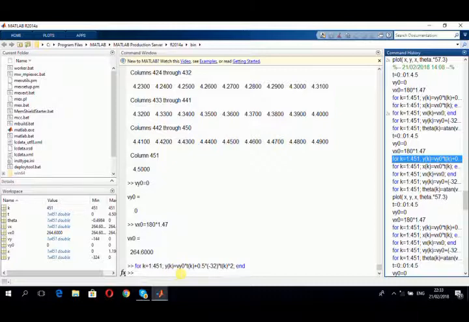You may recognize a little bit of difference here. You can see y of k, t of k, instead of writing y or t. The reason is that Matlab actually deals with arrays instead of single values.